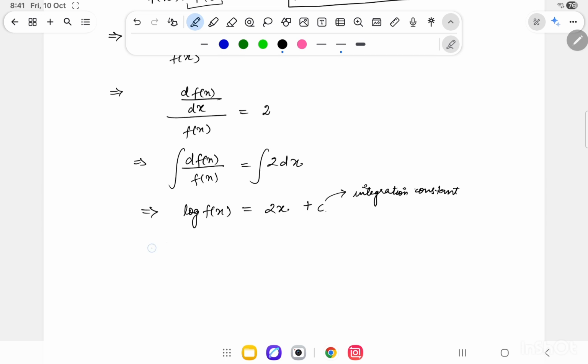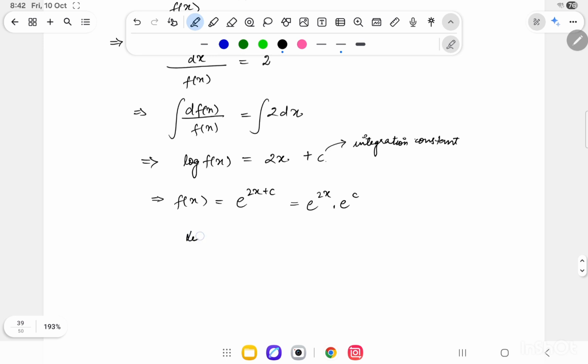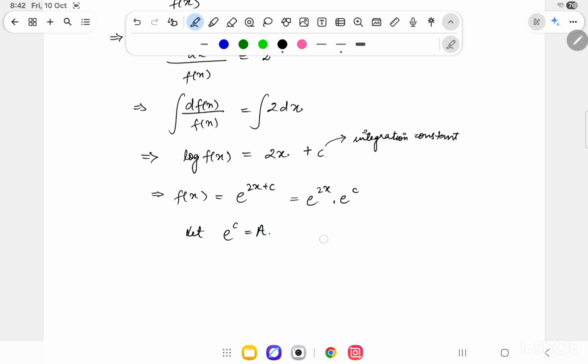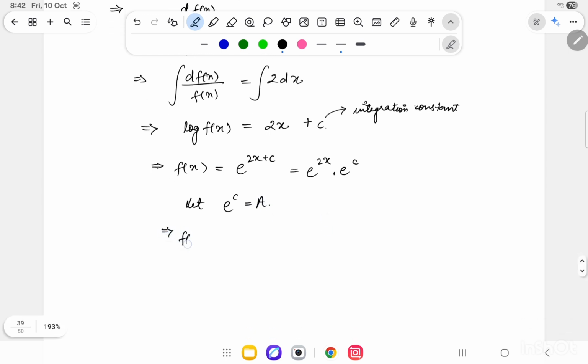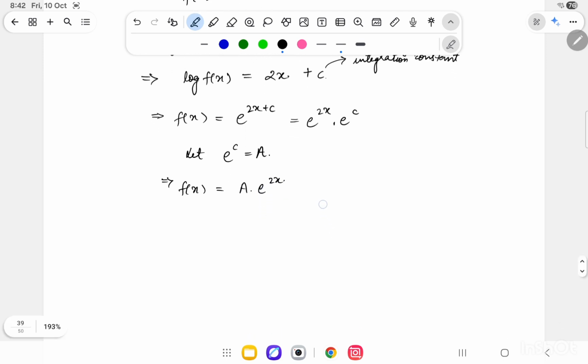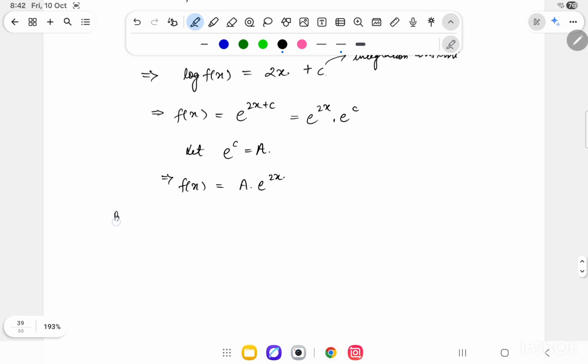So from here my f(x) will be equal to e raised 2x plus c, which I can write as e raised 2x times e raised c. Now I can assume that e raised c is basically a constant because c is a constant. So I can assume that e raised c is equal to a, let's say. So my f(x) will be equal to a times e raised 2x. Now we have calculated that f(0) is equal to 1.